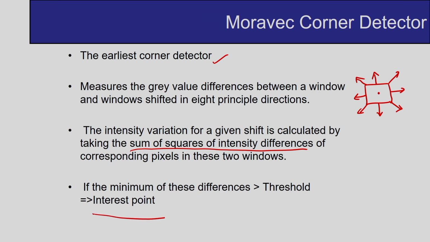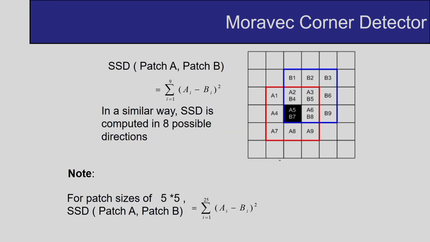So, I am determining the intensity differences based on the directional window. I am moving in all the directions, and after this I am determining the intensity differences, and if the minimum of these differences is greater than a particular threshold, that corresponds to an interest point, that is nothing but the corner point. So, mathematically you can see this concept.